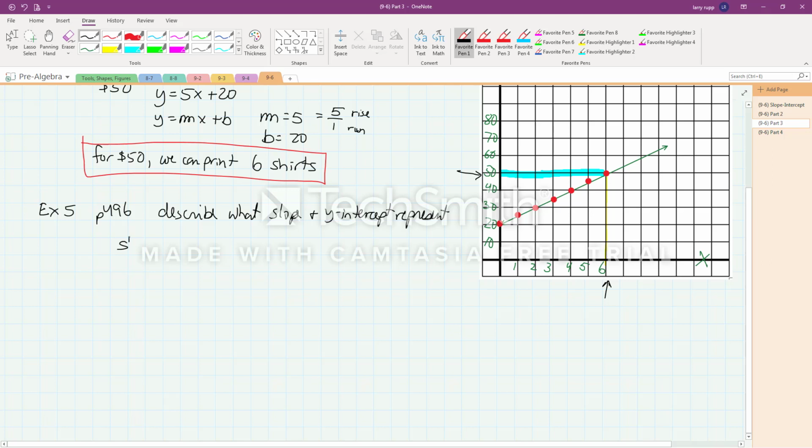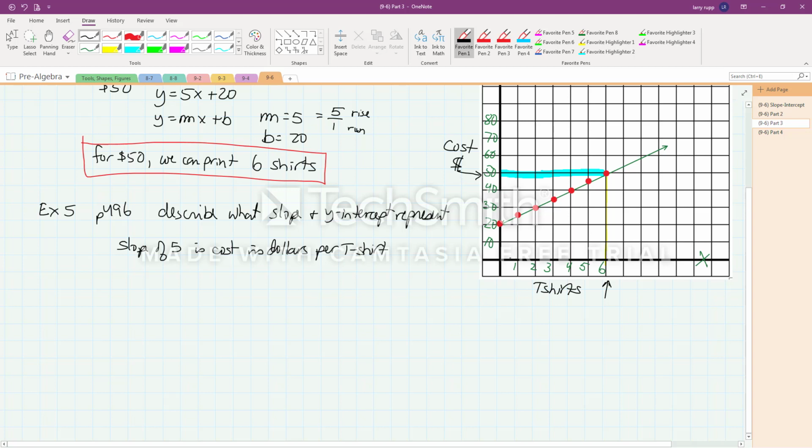The slope of 5, what does that mean? What it represents is the cost in dollars per t-shirt. So we look over here at our graph and these are t-shirts, and up here is cost in dollars.